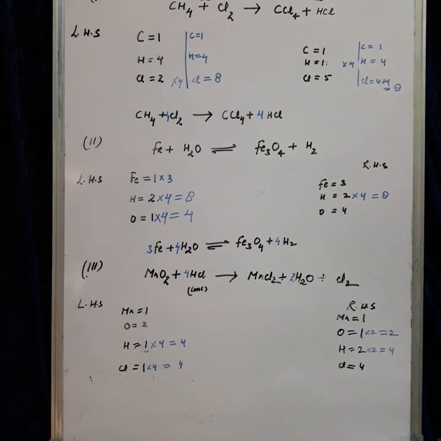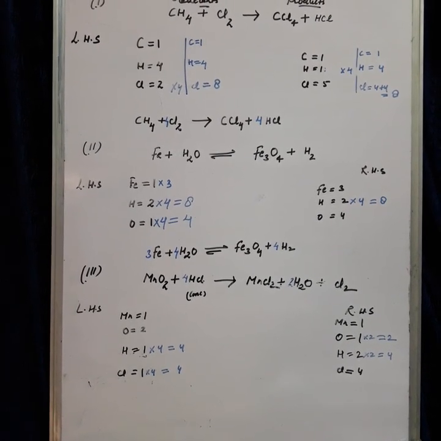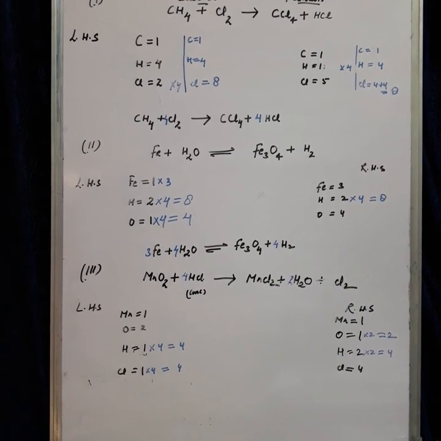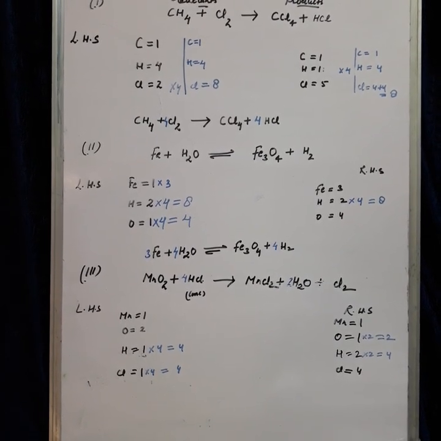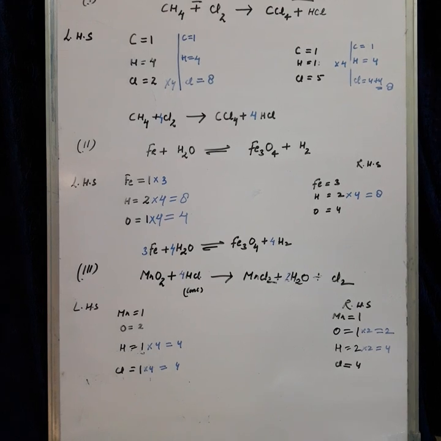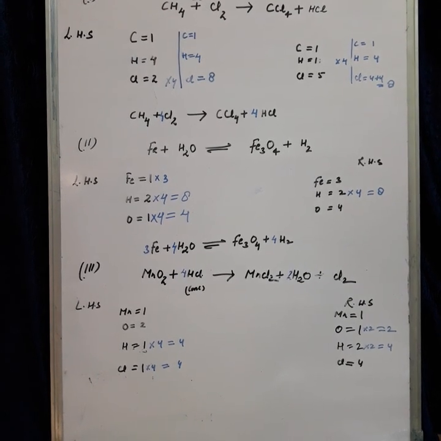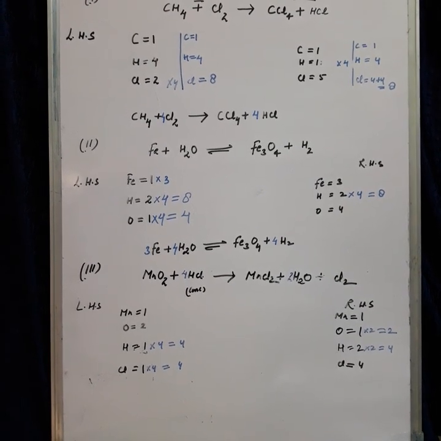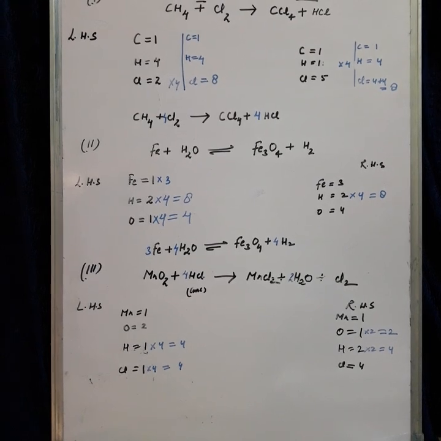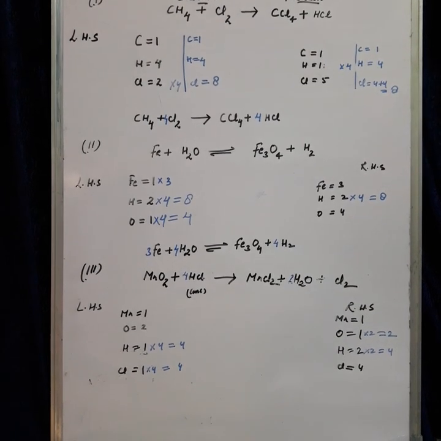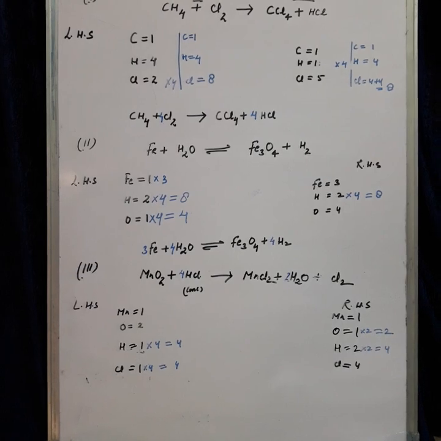So the number of hydrogen is also 8. So what is the final equation? 3 iron react with 4 steam, 4 molecules of water in the form of steam, to form triferric tetroxide plus 4 hydrogen gas molecules. Okay.